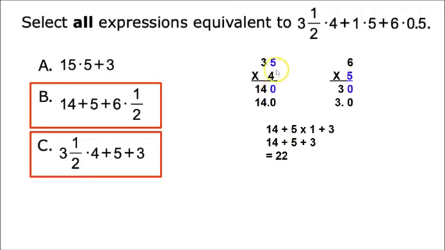And then from there, we know that we only had one number behind the decimal point. So thus, we highlight the last number and make sure that the decimal point is in front of that highlighted number. And so that means 3.5 times 4 is equal to 14. And then as far as this multiplication, you will see that this is 6 times 0.5.